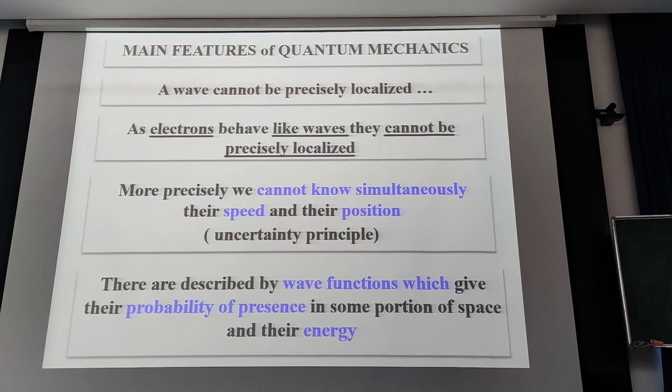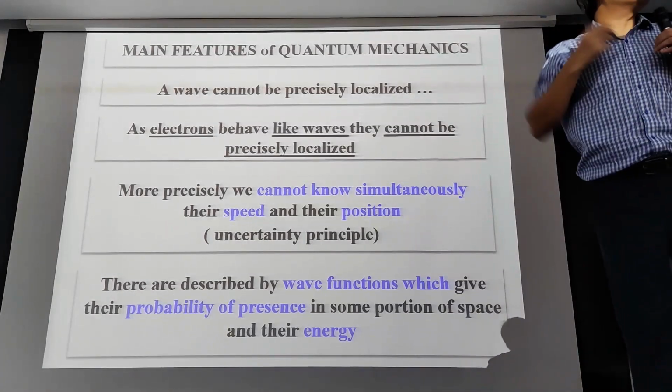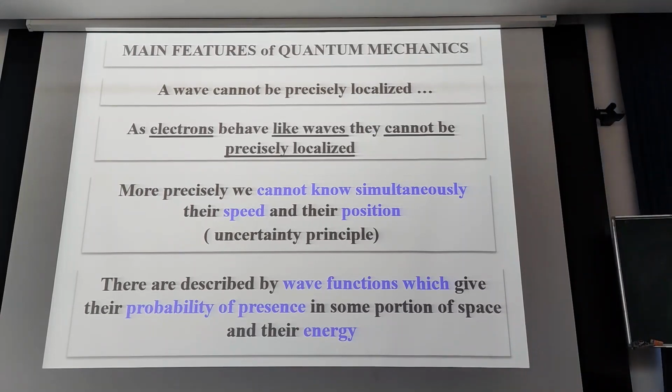Then in the Bohr model, if the electron moves in a precise orbit like this, we would also know exactly where the electron is at any moment. That means at any moment we can find the electron with 100% probability at this position. Okay? But now, because the electron behaves like a wave, we cannot know precisely the position of the electron. So we can only say that I have 90% probability to find the electron in this area, but I don't know the exact position. Is it clear?